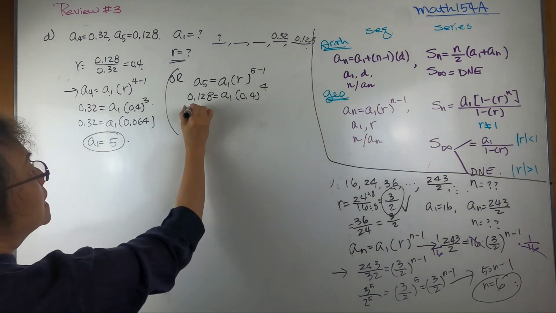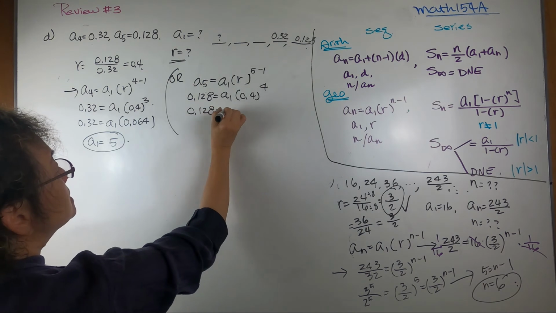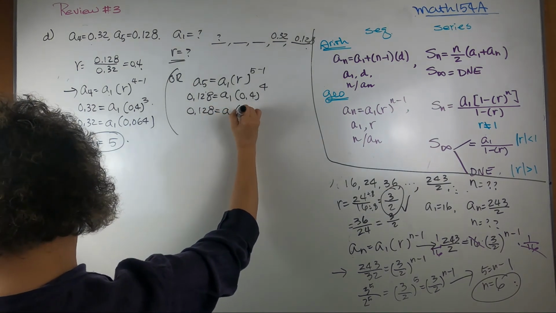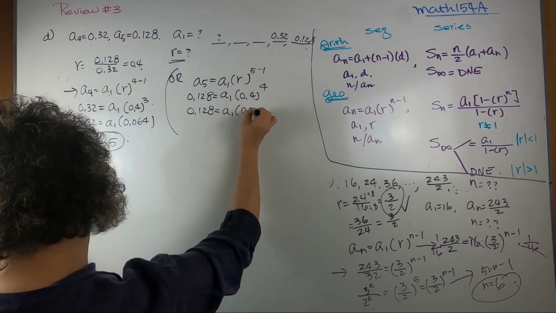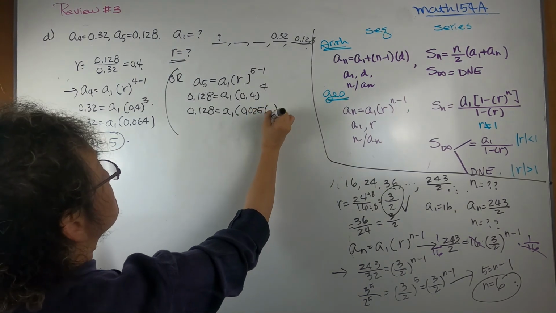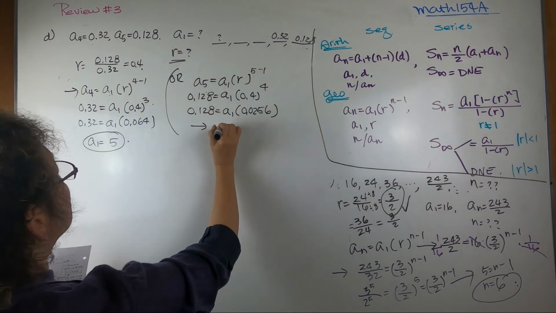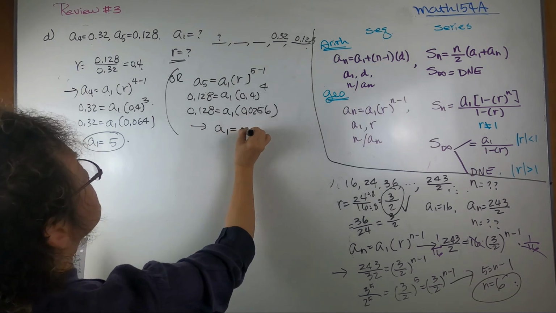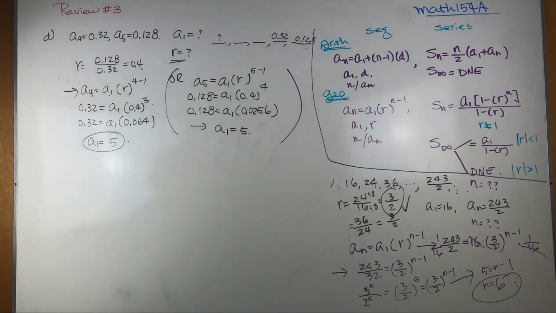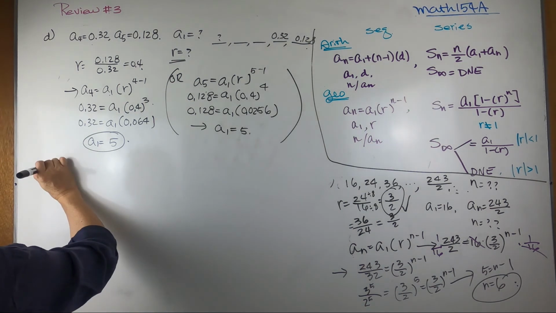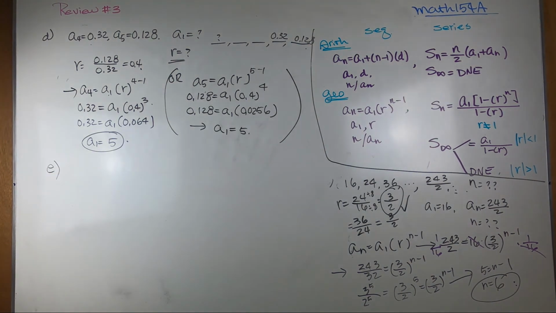If you do it this way, you have 0.0256 for that part. Then you find out your A1 is 5. Same thing. You can use either one of them to do it. Okay?